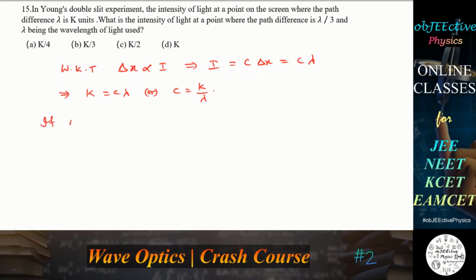If path difference delta x is equal to lambda by 3, then I dash is equal to C into lambda by 3, but C is equal to k by lambda, into lambda by 3. So, lambda lambda cancel, that is k divided by 3 is the intensity at path difference lambda by 3.